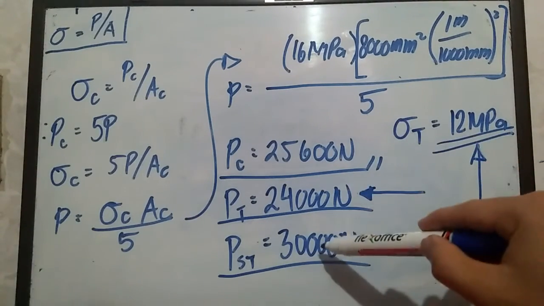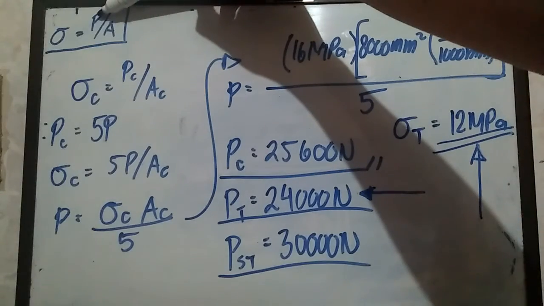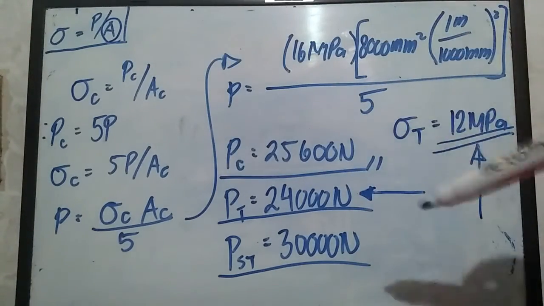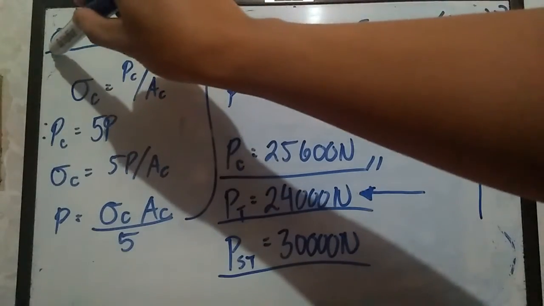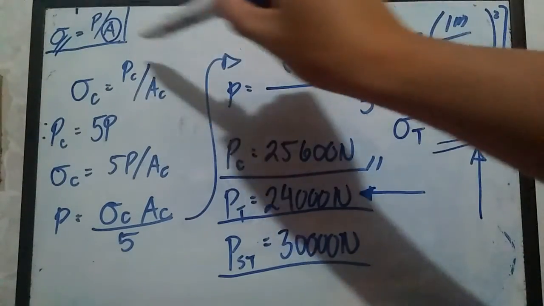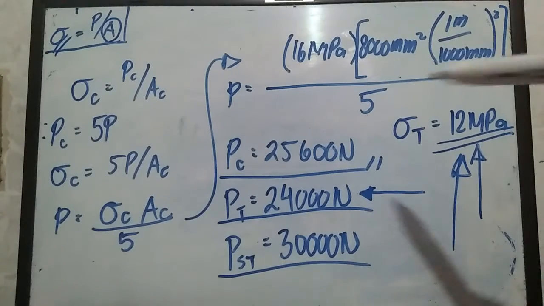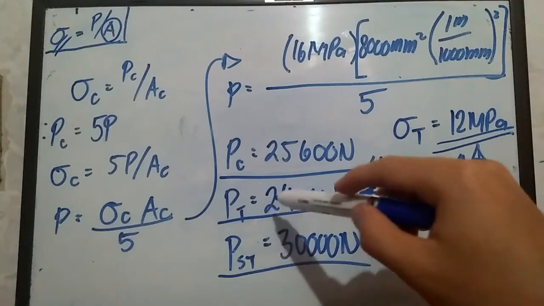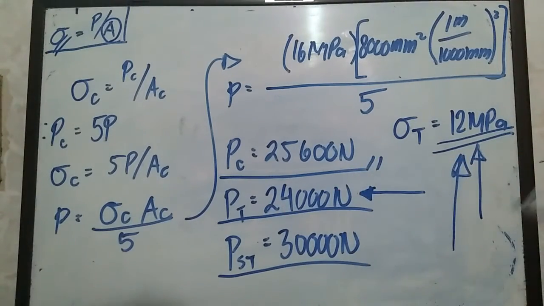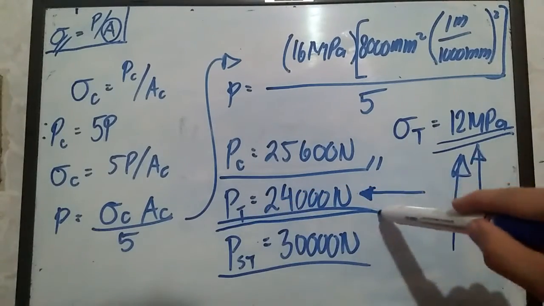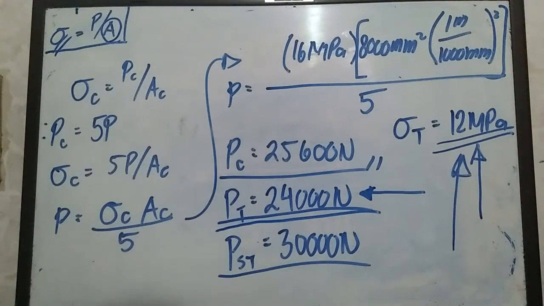If you input 30,000 to this portion with the same cross-sectional area for the timber, obviously the answer for this sigma would exceed 12 megapascals. So that's the reason why we need to settle for the least valued number for our answer. So that should be 24,000 newtons.